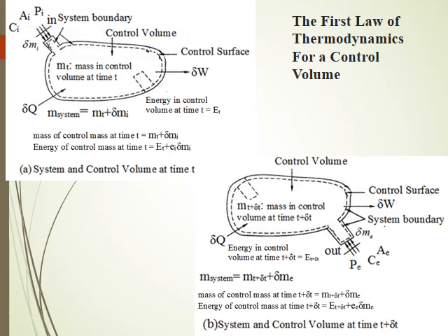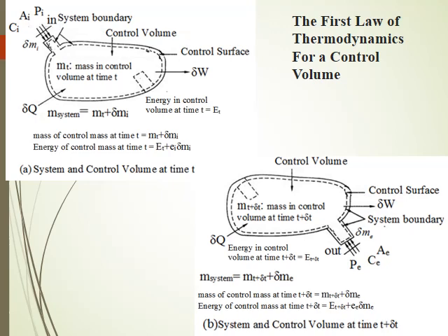So the control mass and the control volume are shown in the figure, representing the system and the control volume at time t, and the second figure represents the system and control volume at time t plus delta t.